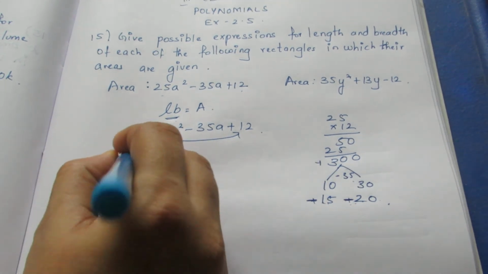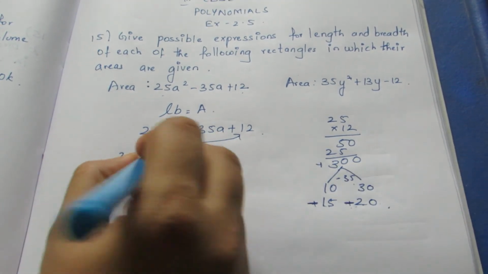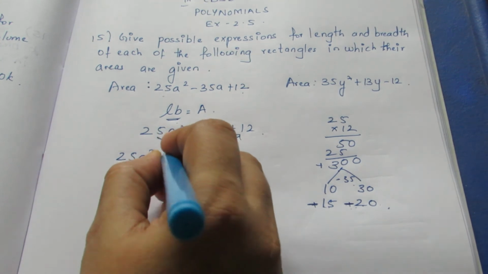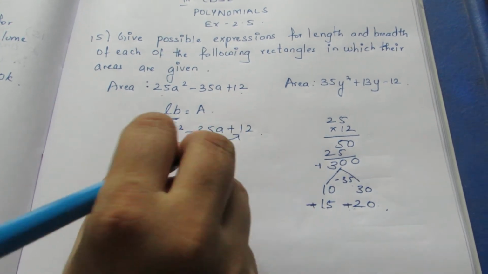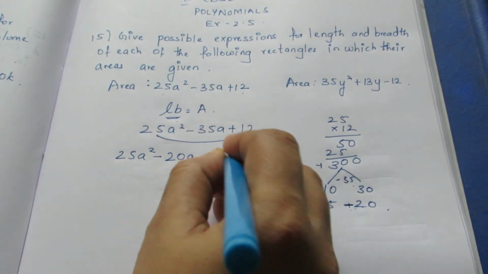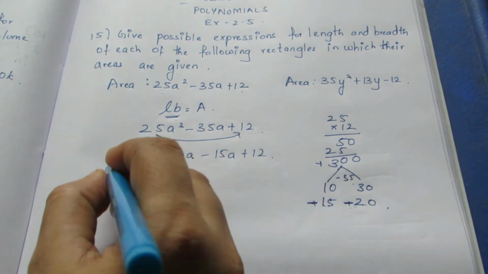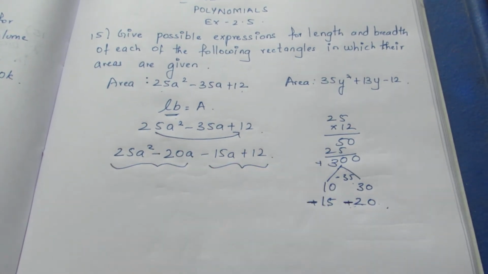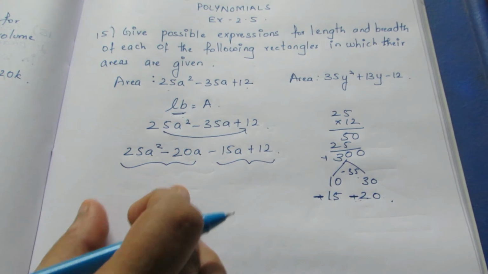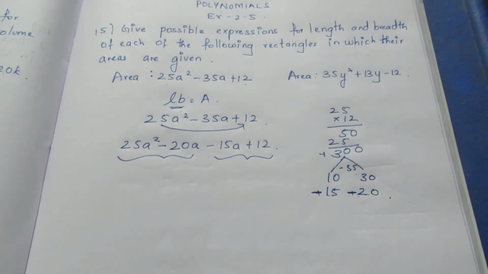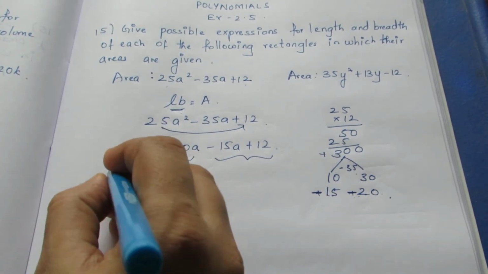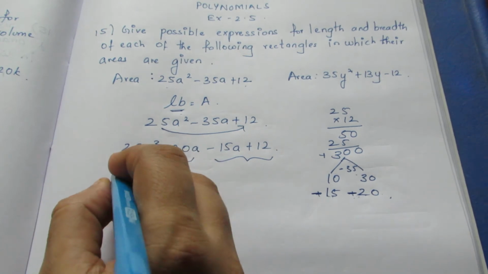Now it is 25a² minus 20a minus 15a plus 12. Now I need to take common in both. I need to take common outside in the first two and common outside in the next two. If I take common outside, the common of 25 and 20 is 5.